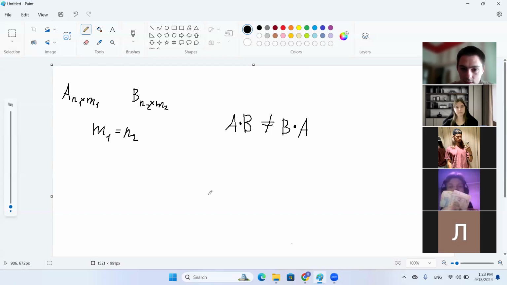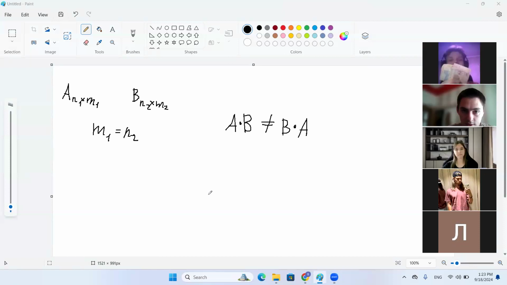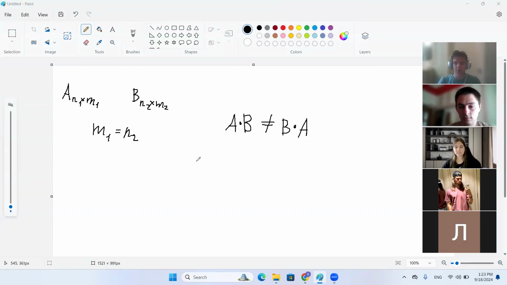Okay. What else can we do with matrices? Who wants to answer? Vadim? We can transform the matrices and multiply, for example, rows or columns and add to other rows or columns. Yeah, that's an important operation.